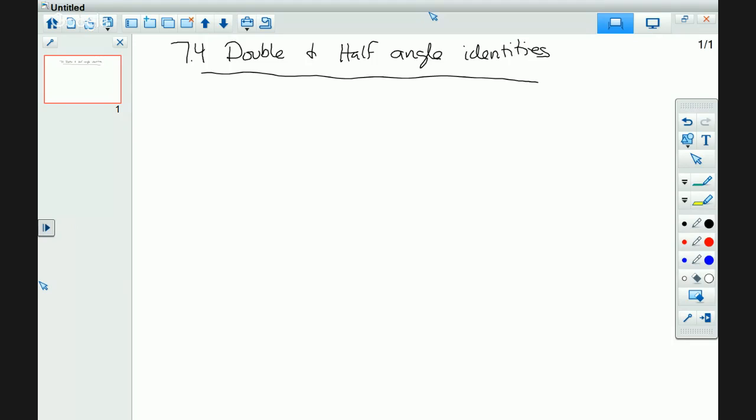Okay, so here are the double angle identities. I'll write them down and then I'll show you an example or two. These should be on your sheet, I think.